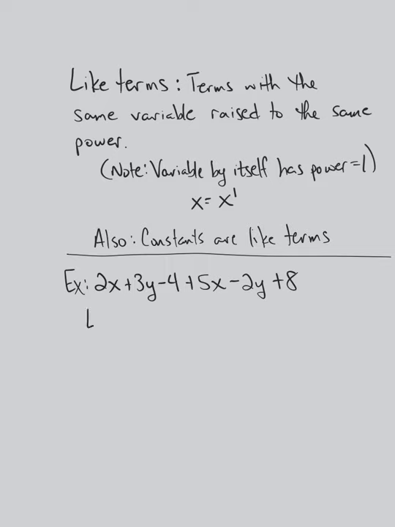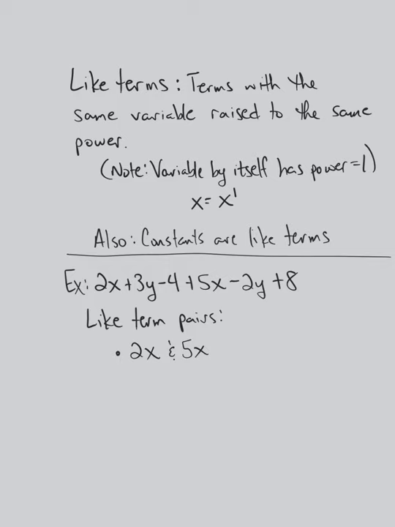And so notice that I have some x terms, and so I'll say the like term pairs. Like that. And so there's actually 3 pairs of like terms here. Notice that I have some x terms, and they are both to the first power because there's no power or exponent written there. So one pair of like terms is 2x and 5x.